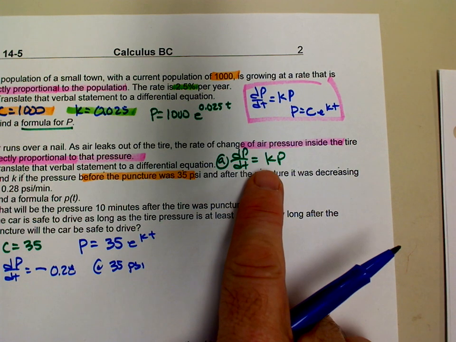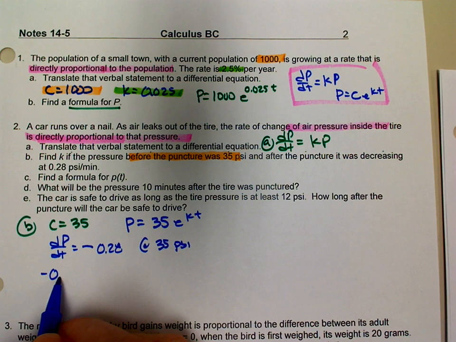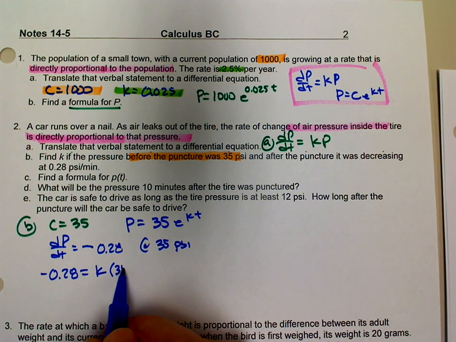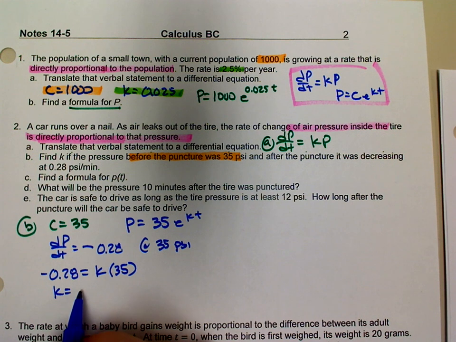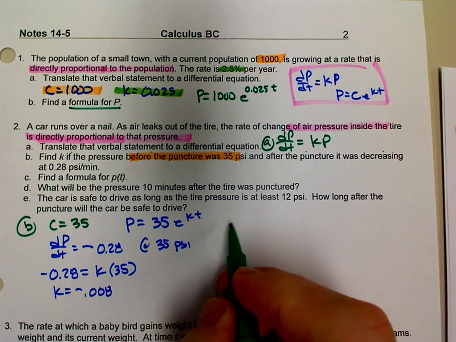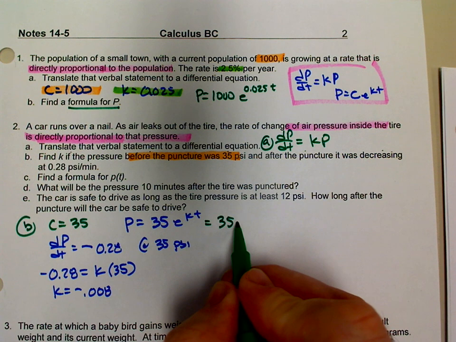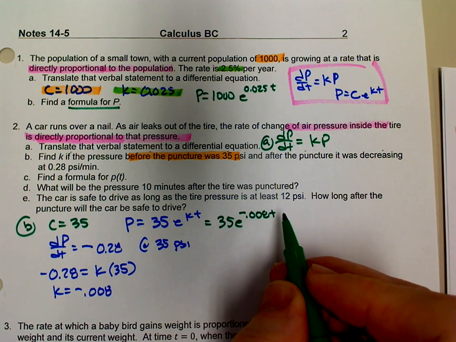So back to this equation here. Negative 0.28 has to equal K times that initial pressure of 35. Divide both sides by 35, and we have our K value of negative 0.008. That's what we'll substitute into this equation, and we'll have P equals 35 times e to the negative 0.008 times t.